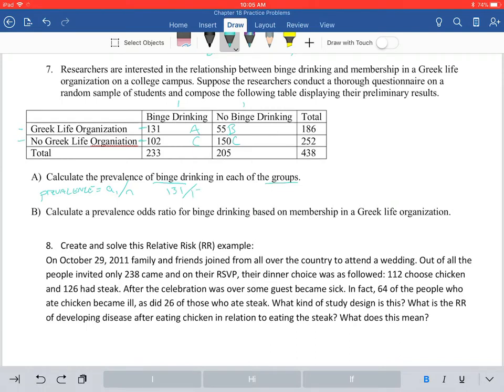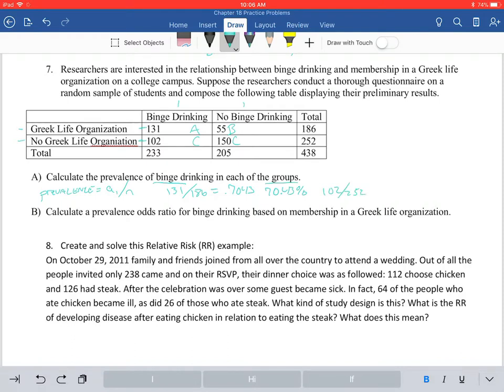So you take your value of A, 131, divided by the total in that row, and that's 168. Divide those out, you get 0.7043 or 70.43% as your prevalence for Greek life organization.